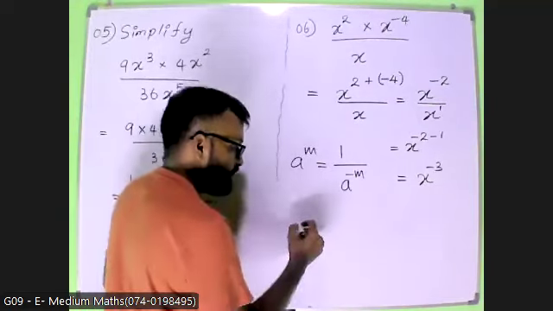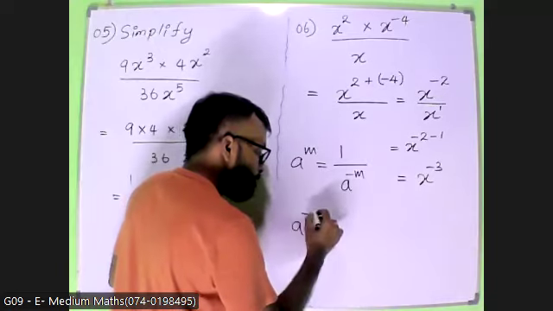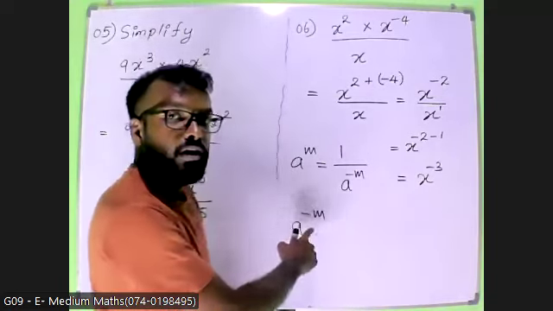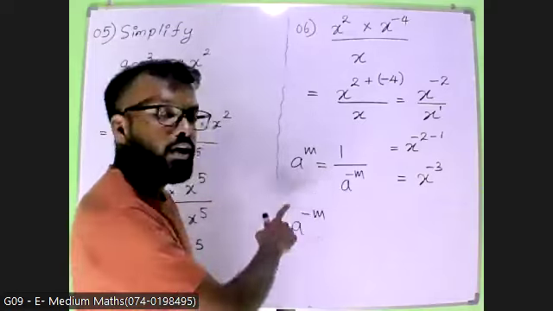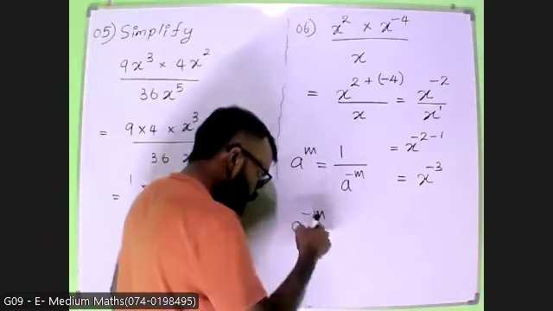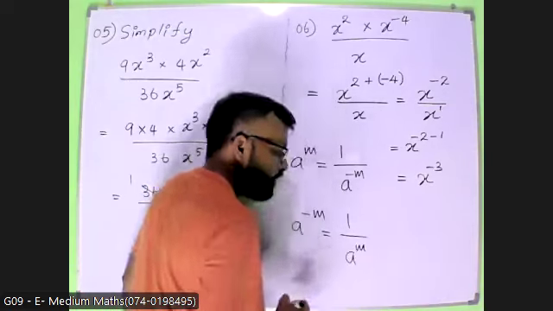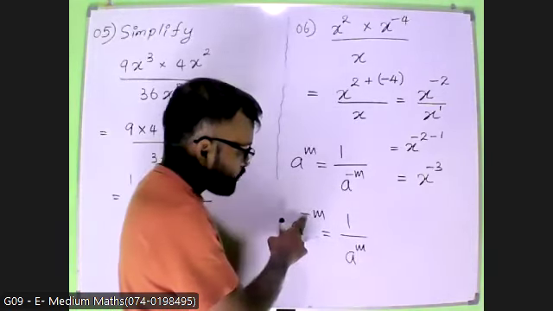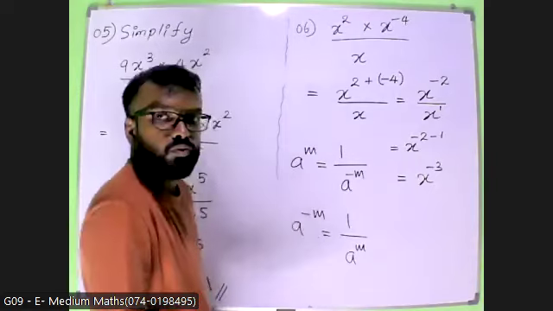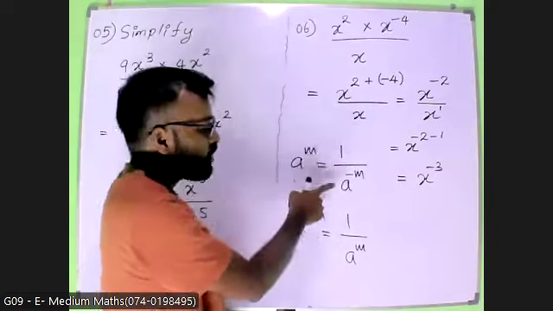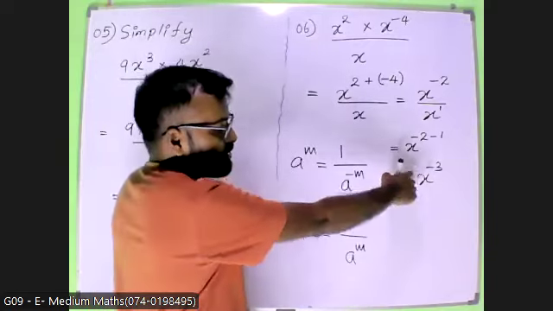If you have a to the power minus n, to convert this power into positive, take the reciprocal, 1 upon a to the power n. This is negative, this should be positive. Same applies here.